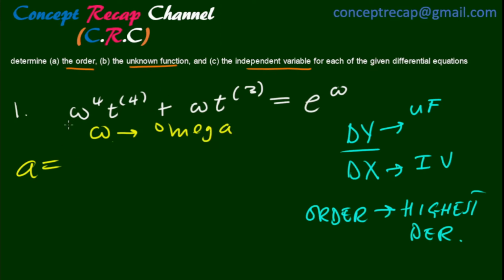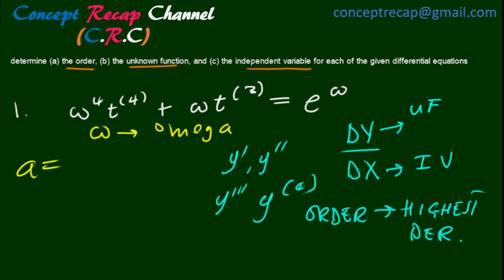For the derivative part, the first derivative, for example, will be y prime, the second will be y prime prime, and the third will be y prime prime prime. But if you're going to higher order, you can just put it in a small bracket like this.